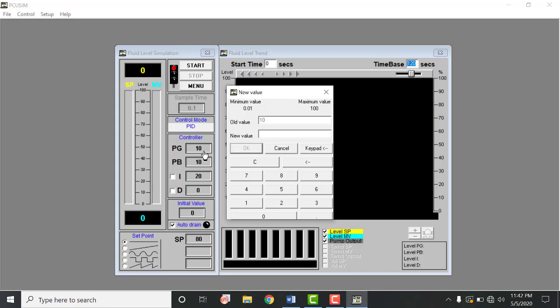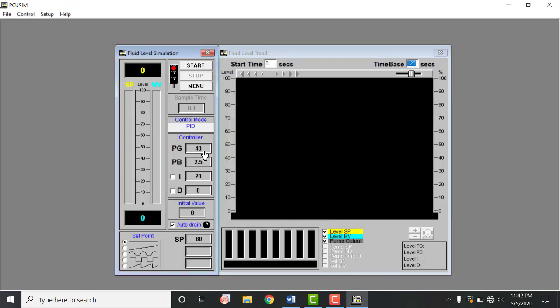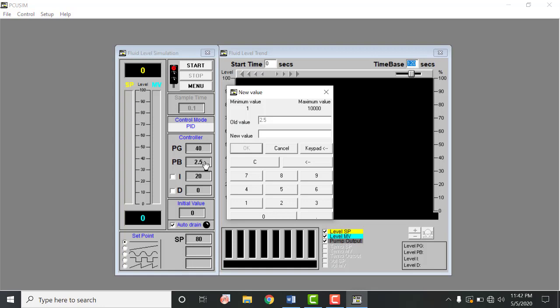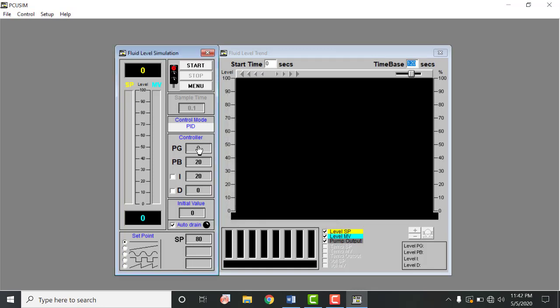If you want to change the value, let's say to 40, it would automatically change the other value to 2.5, and when you multiply these two values it gives you 100. If you want to change the value of PB to 20, it would automatically make the value of PG 5, which again gives you 100.